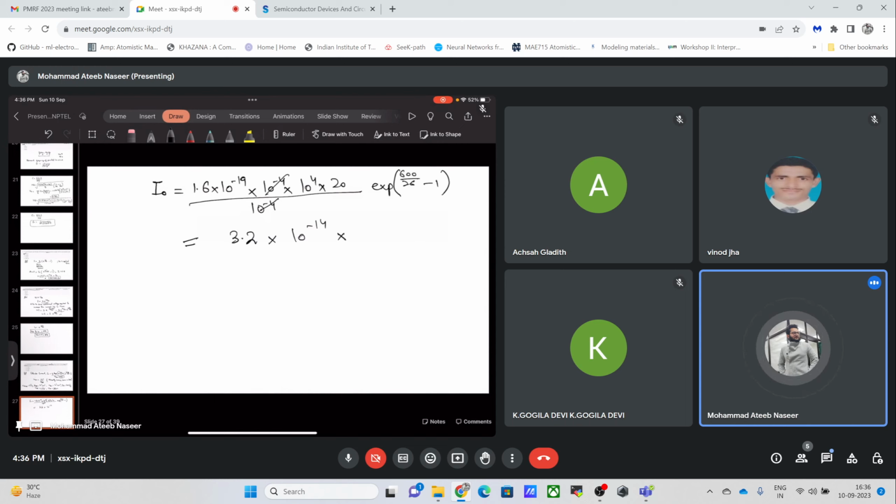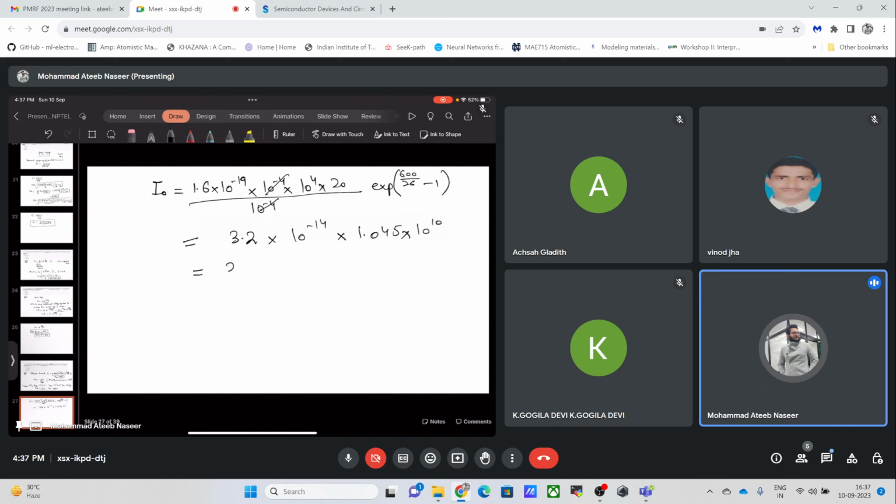This value is equal to 1.045 into 10 to the power of 10, or simply I can say it is equal to 3.2 into 1.045, which is 3.344.